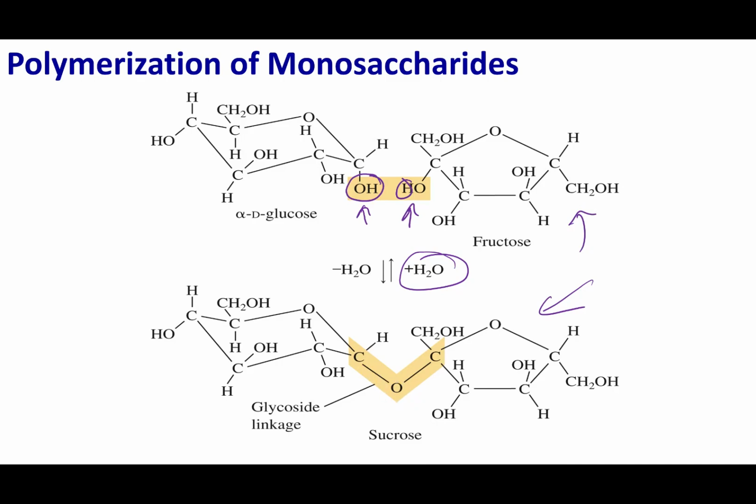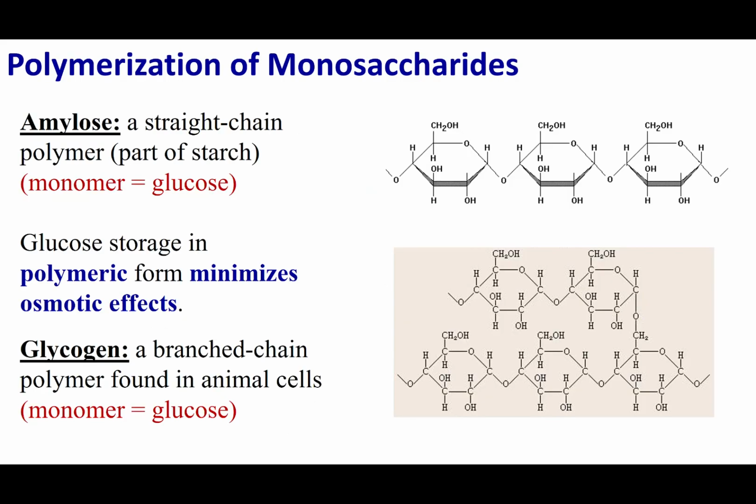For those of you guys that are lactose intolerant, you lack the enzyme to break this linkage. So what happens is that lactose passes through you, gets into your stomach flora or gut flora, and the bacteria there, they see the lactose and they are able to metabolize it, and then you end up with a bad time.